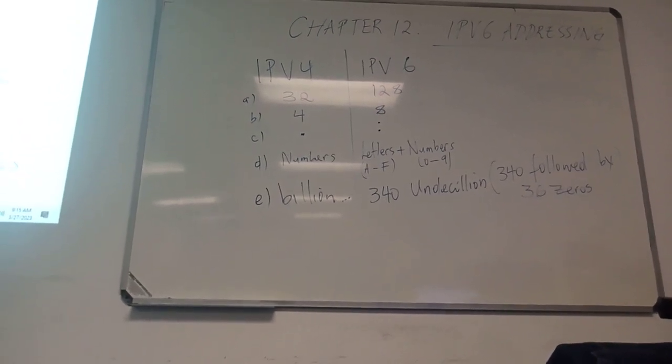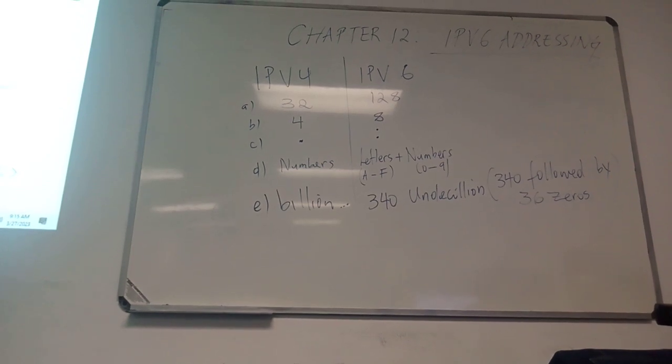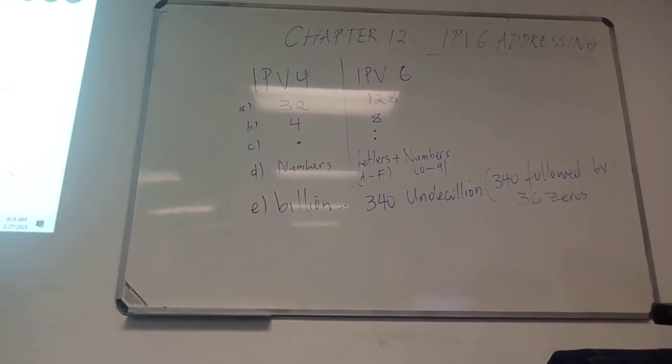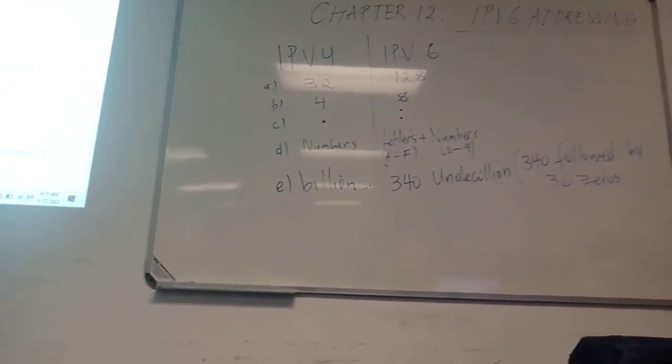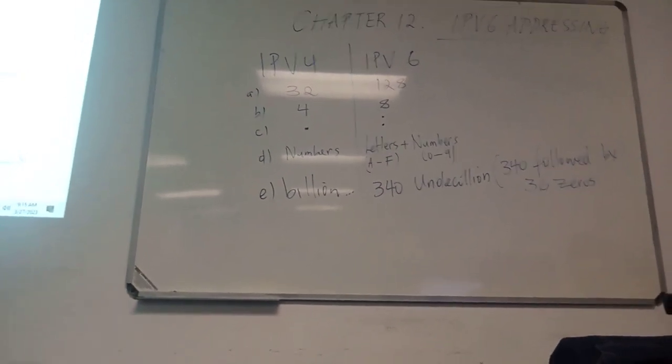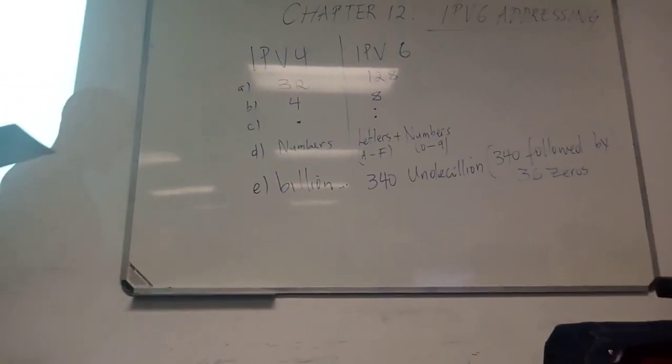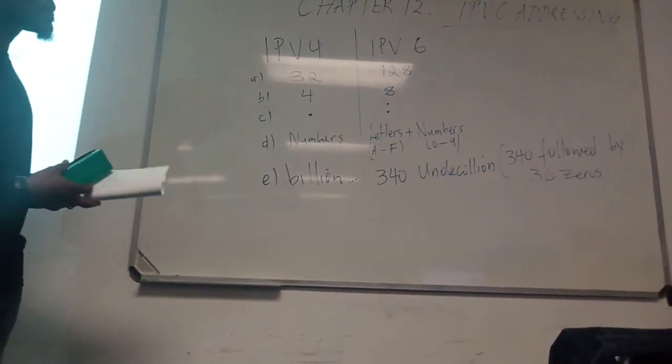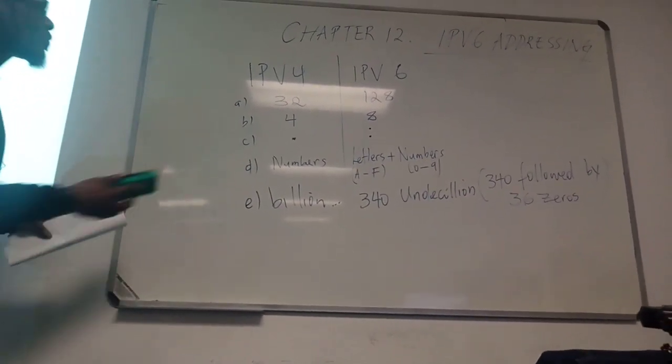What's the meaning of that? It means 340 followed by 36 zeros. Okay, we can move forward.